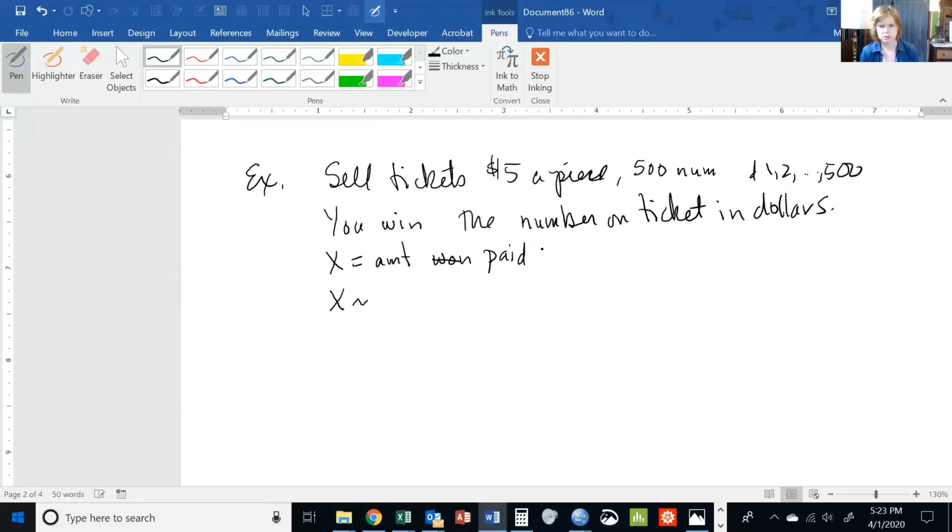We're the ones selling the tickets, so how much are we going to have to pay to the winner? X can be anywhere from $1 to $500, and that's uniformly distributed because each ticket is equally likely to be chosen. So this is a uniform distribution with parameter n equals 500, and this is in dollars.